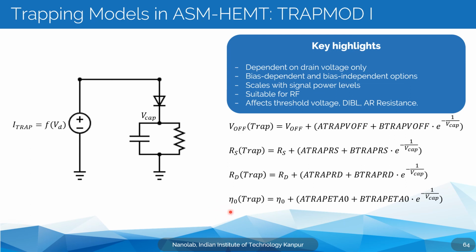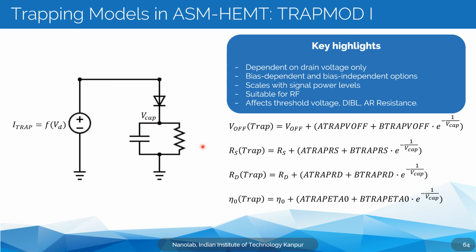And the interesting part is that this VCAP, due to this diode, is power dependent. So once you have a high RF power signal coming in, that high power RF signal will generate a high VCAP value.